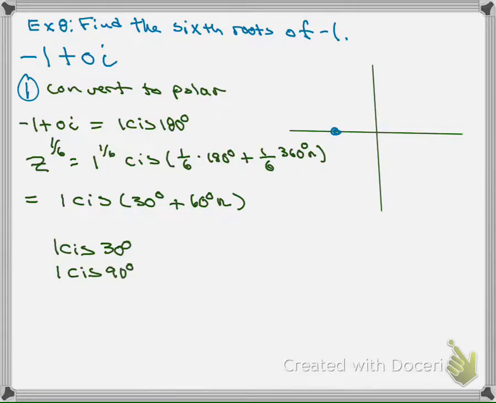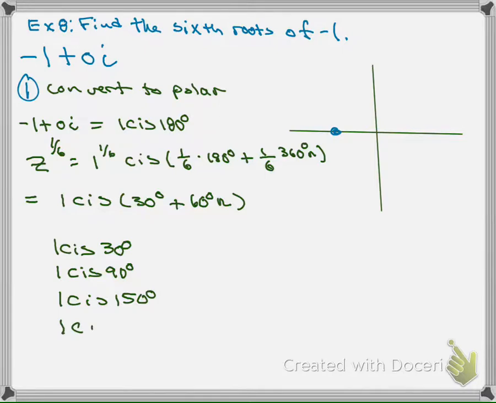So here, I'm going to have 6 answers. So one answer is just when I plug in 0 for n. So that one's just 30. Now I'm going to add 60 to 30, and I'm going to get 90. Then I'm going to add another 60 to 90, and I'm going to get 150.